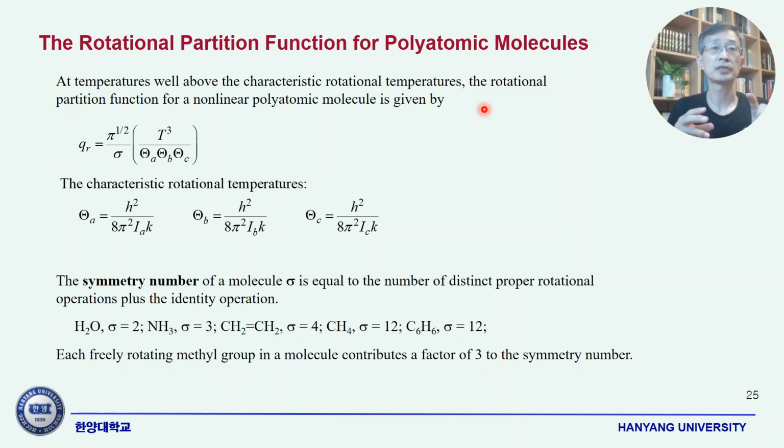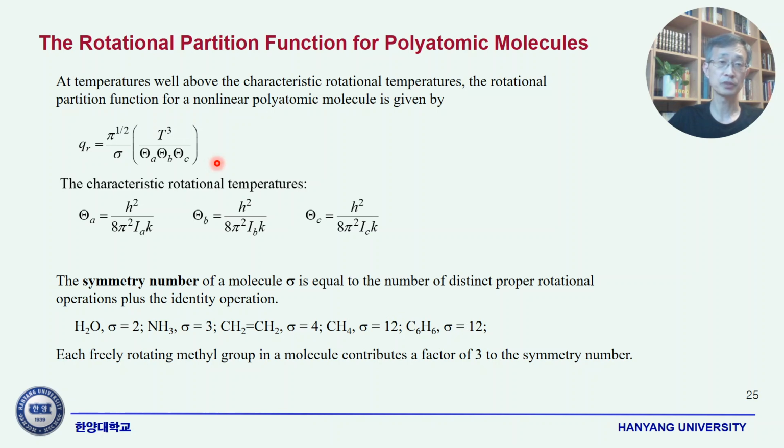A polyatomic molecule, if not linear, has at least 3 rotational characteristic temperatures, because it has 3 independent rotations. So at temperatures well above the characteristic rotational temperature, in most cases unless it's very low cryogenic temperature, the rotational partition function for a non-linear polyatomic molecule is given by this, because it has 3 rotational degrees of freedom, and also the total symmetry number.